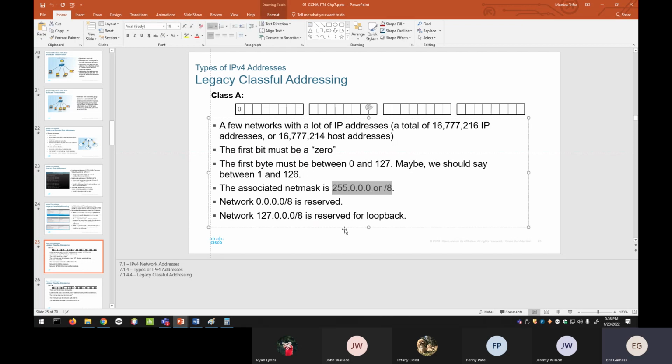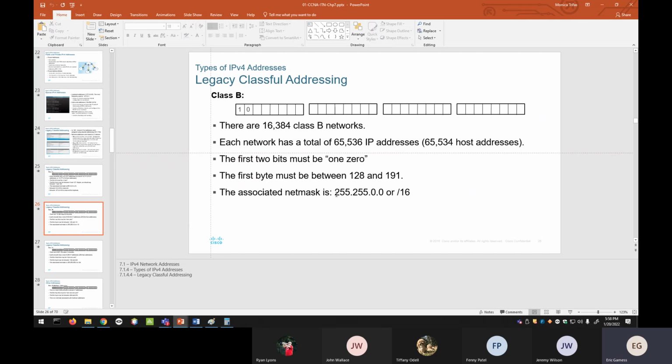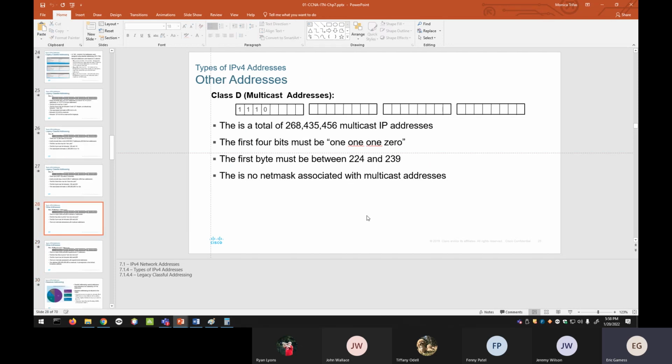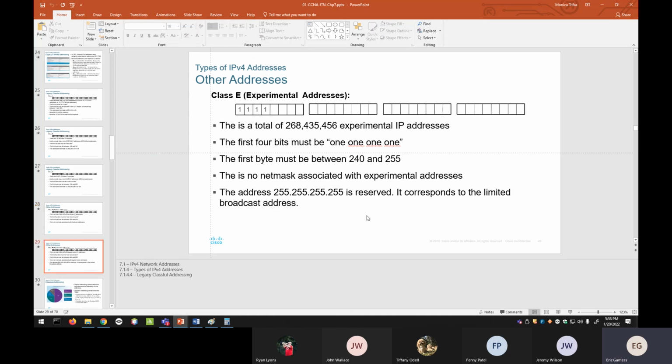We are in A. Here, the default mask is this one, which means the separation is here. We are in class B. Here in class C, the separation is here. So the default mask is this one. But when you go to class D, they don't talk about net mask. We don't have net mask associated with class D and class E.